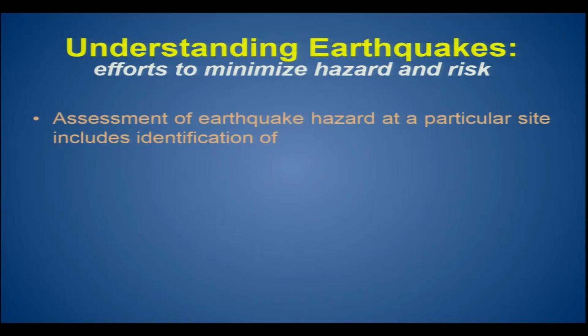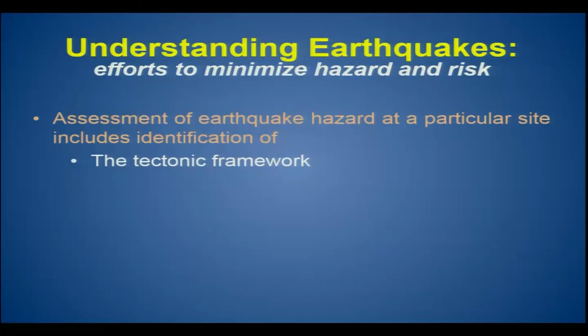Okay, so what one can do is that the assessment of earthquake hazard at a particular site should be done very precisely, which includes identification of the tectonic framework. So you are talking about the regional scale, what is the structural or tectonic framework. And then you are coming down to the geometry of the fault. So you are narrowing down your studies.